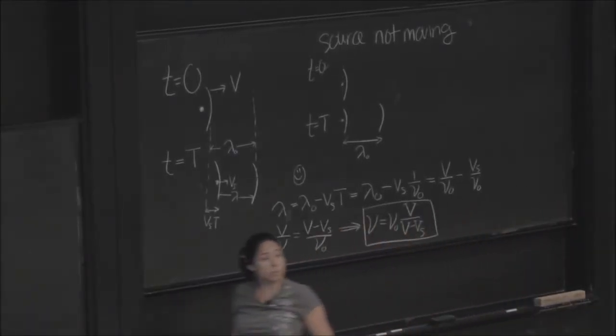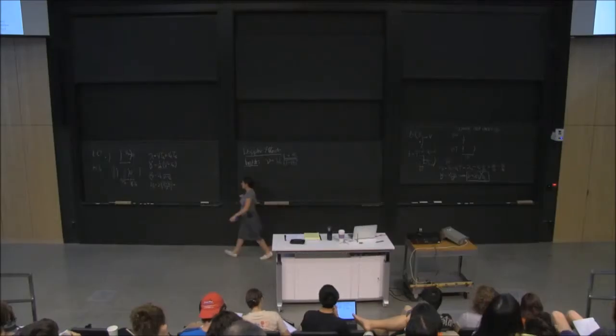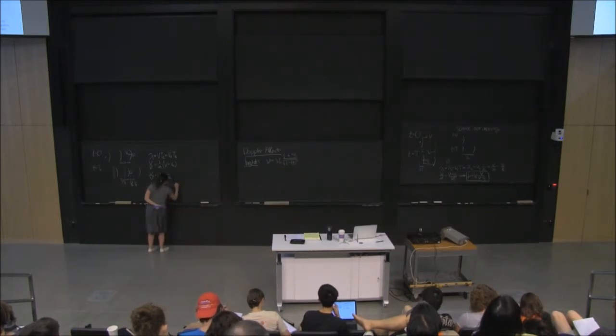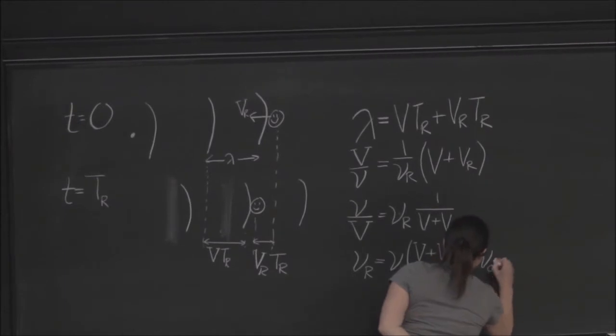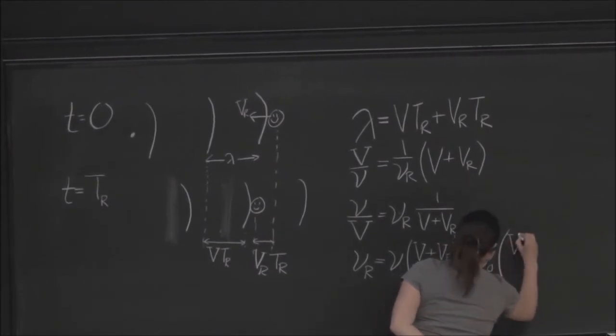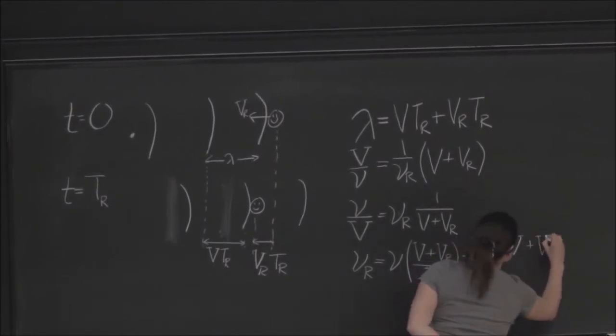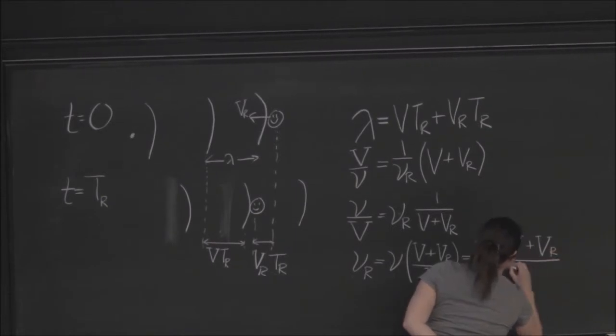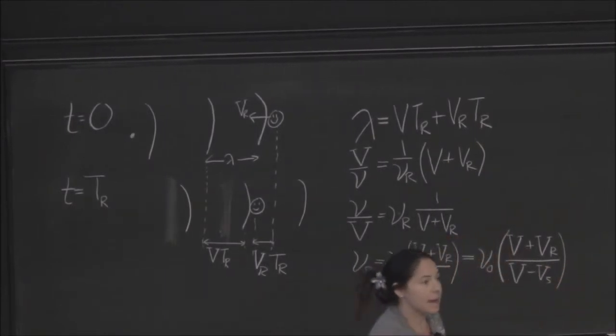So that's the nu we plug into here. So it looks like what I'm going to get, and please correct me if I make a mistake. Does that look right?